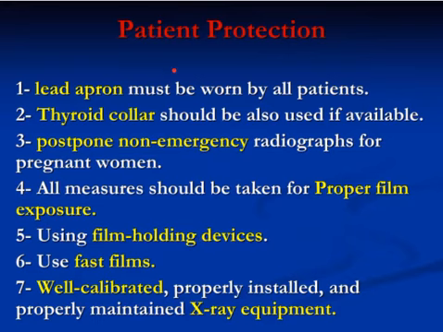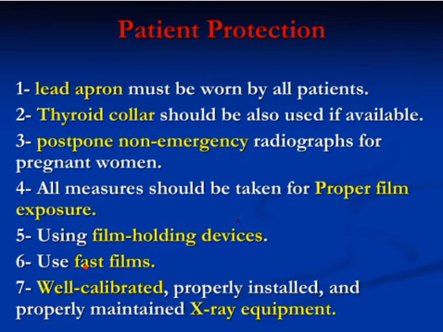So now, patient protection: what are the things that you can follow? Lead apron, thyroid collar, postponing non-emergency radiographs for pregnant women. All measures should be taken for proper film exposure. Film holding devices can be used. Because now we are using digital radiography, we can also use sensor holding devices.